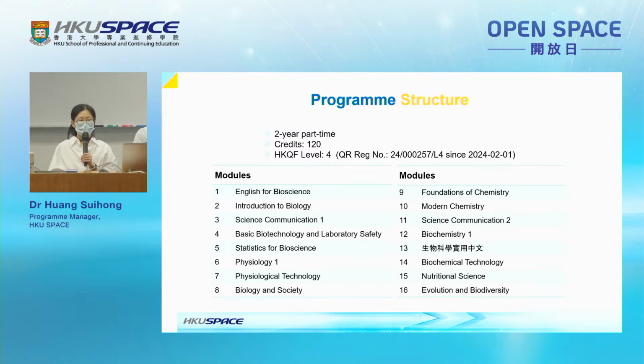Most of them are core biology modules, such as basic biology, biochemistry, physiology, evolution and biodiversity, etc. There are also modules focusing on language skills, such as English for bioscience, Chinese for bioscience, and science communication. And of course, there are practical sections that provide hands-on experience in biological experiment in a laboratory setting.